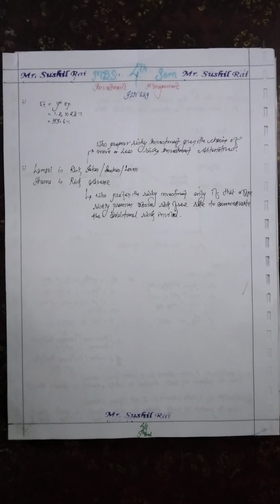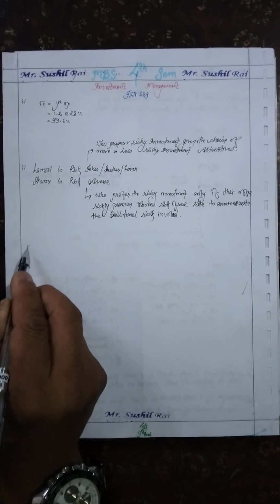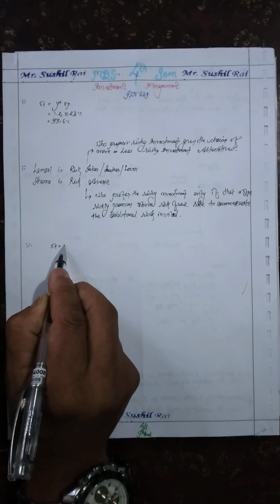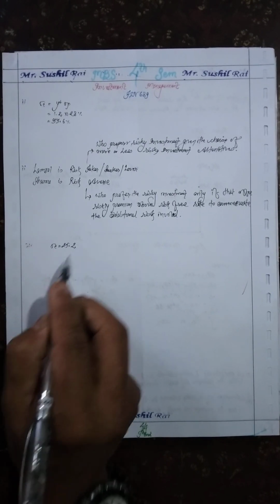IV. Suppose that Mr. Lamsal prefers to invest in a risky portfolio, and wants the maximum expected return on the complete portfolio, subject to the constraint that the complete portfolio standard deviation will not exceed 25.2%. What is the investment proportion? What is the expected rate of return of the complete portfolio? Given standard deviation of the complete portfolio is equal to 25.2%.